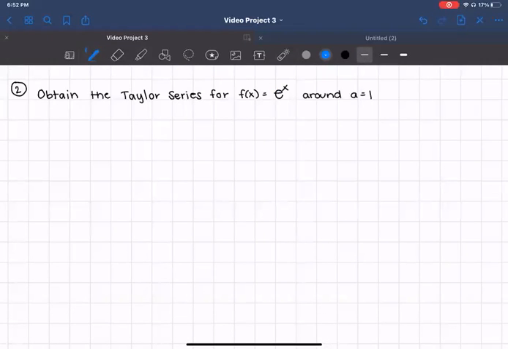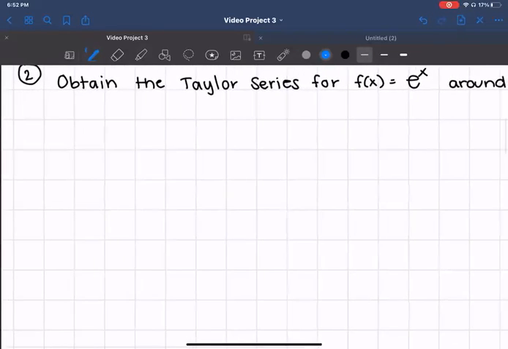So for number 2 is to obtain the Taylor series for f of x equals e to the x around a equals 1. So first we're going to make our table.